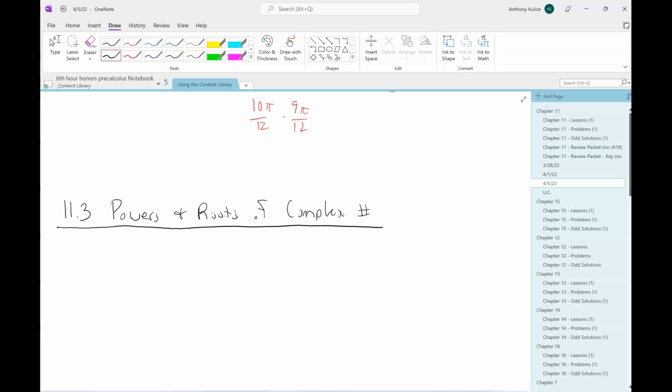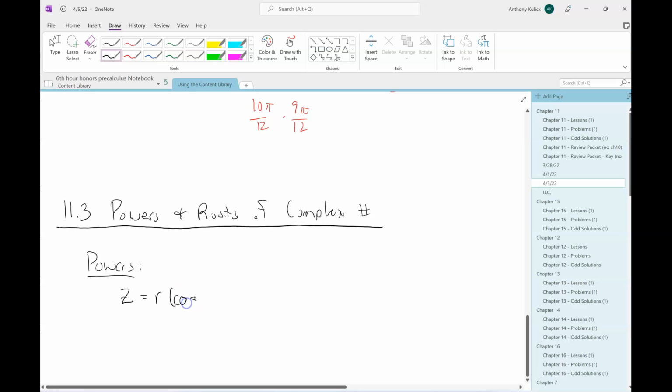So here we're talking about powers and roots of complex numbers. Let's talk about powers first. Let's say we have some complex number z in trigonometric form.